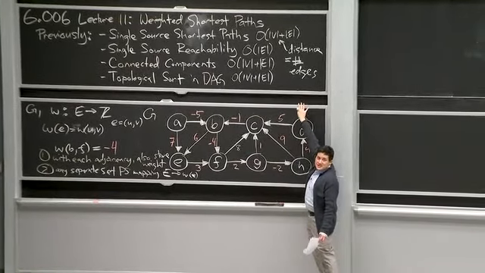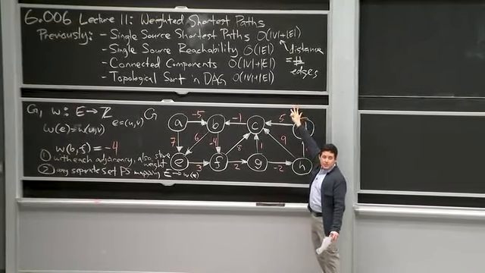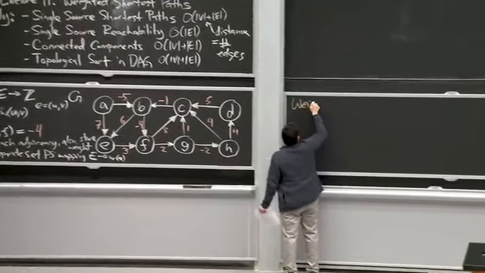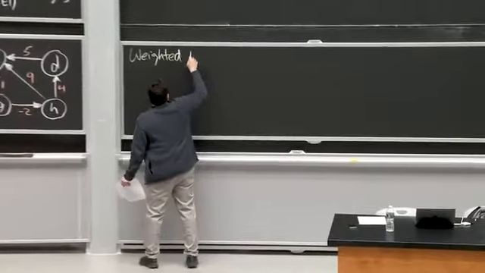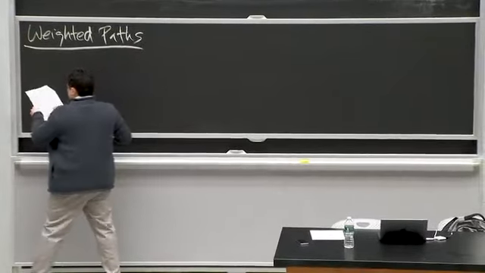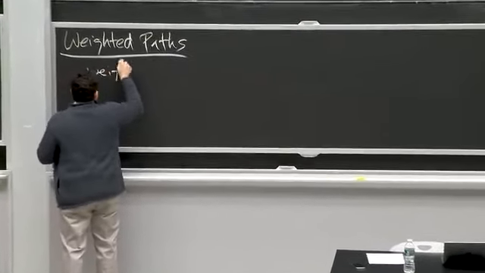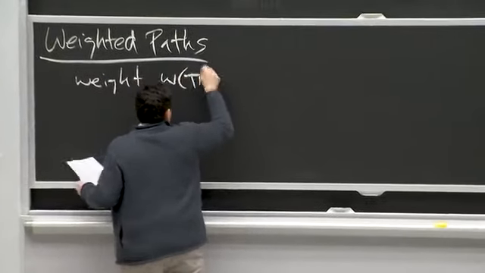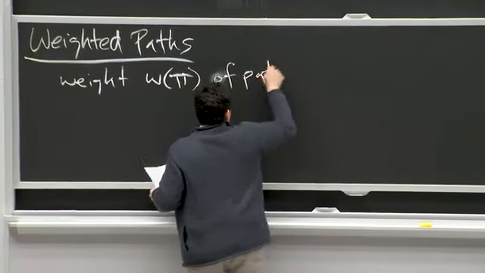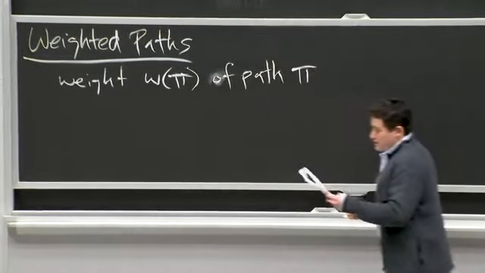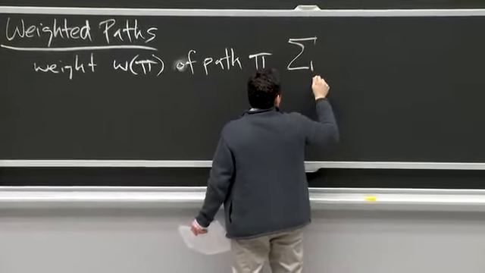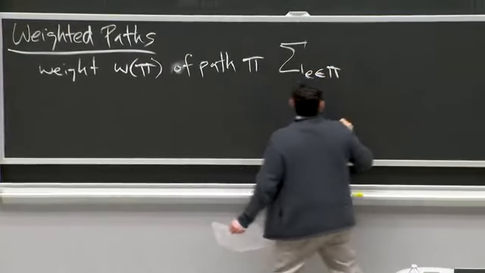But what we had here was that the distance before, in an unweighted graph, was the number of edges in the path. Here, we're going to generalize that notion, kind of obviously, to weighted paths. The weight of a path, I'm going to call it pi, is just going to be the sum of the weights of the edges in the path.